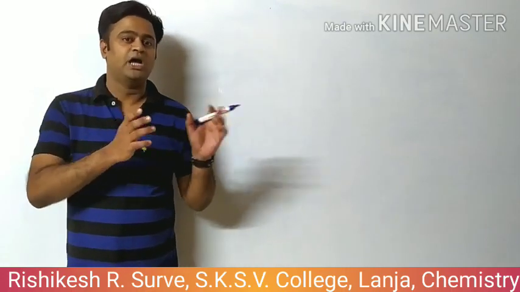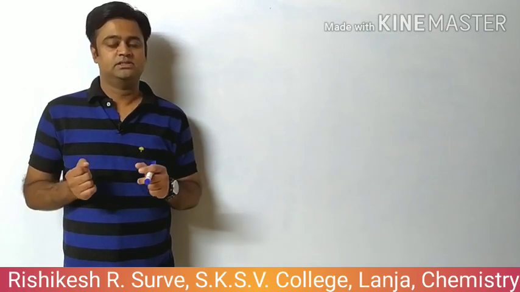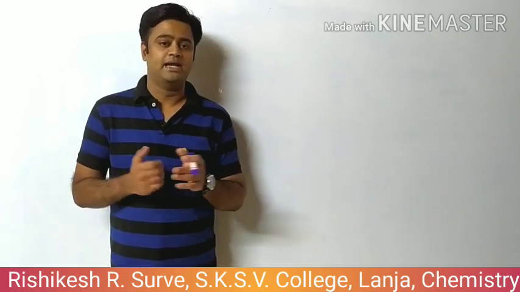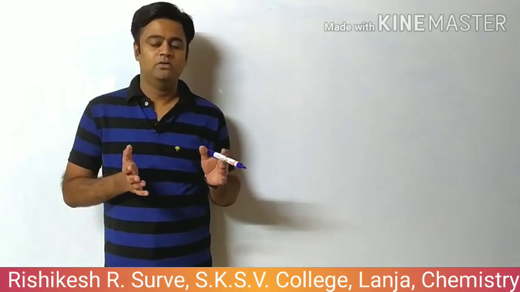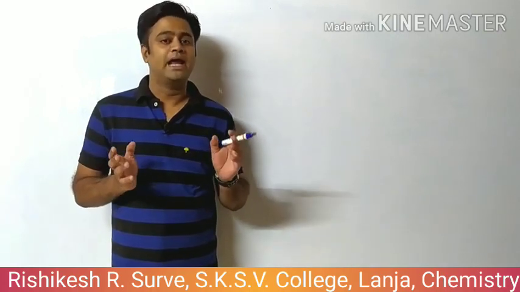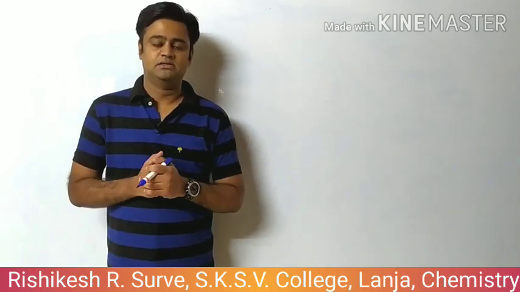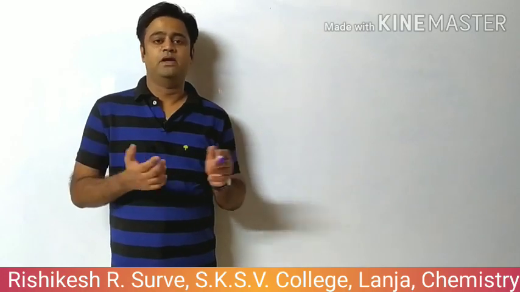Oxidation state means any atom will have a charge after removing all the attached atoms from it; that is the oxidation number of that atom. There are a few sets of rules which we have to follow to find out the oxidation number of a particular element in the given species. And what are those rules? Let's see one by one.